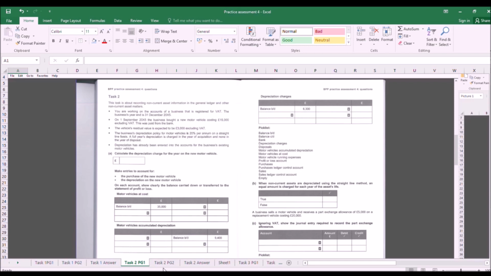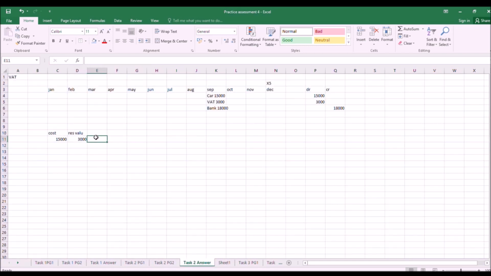So we've got cost minus residual value, times by 20%, so times by 0.2. That's going to be our depreciation whenever we need that.